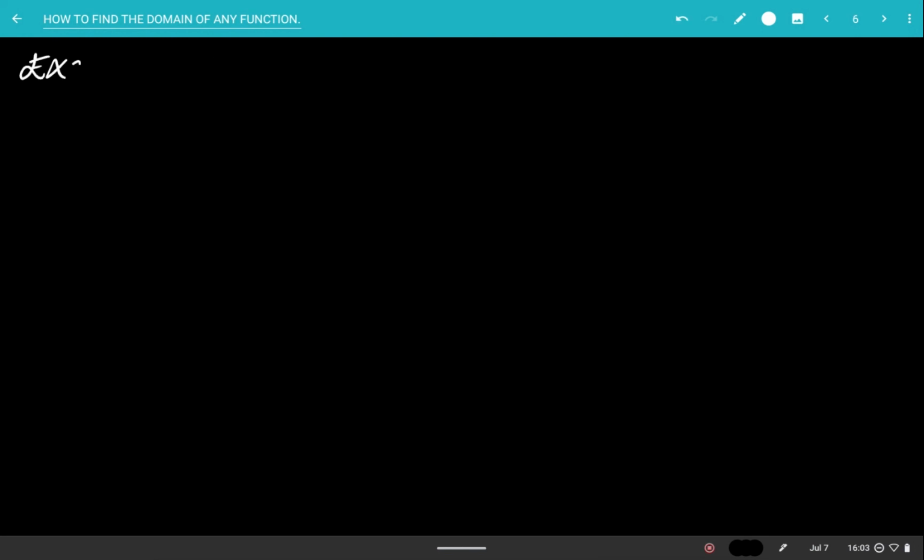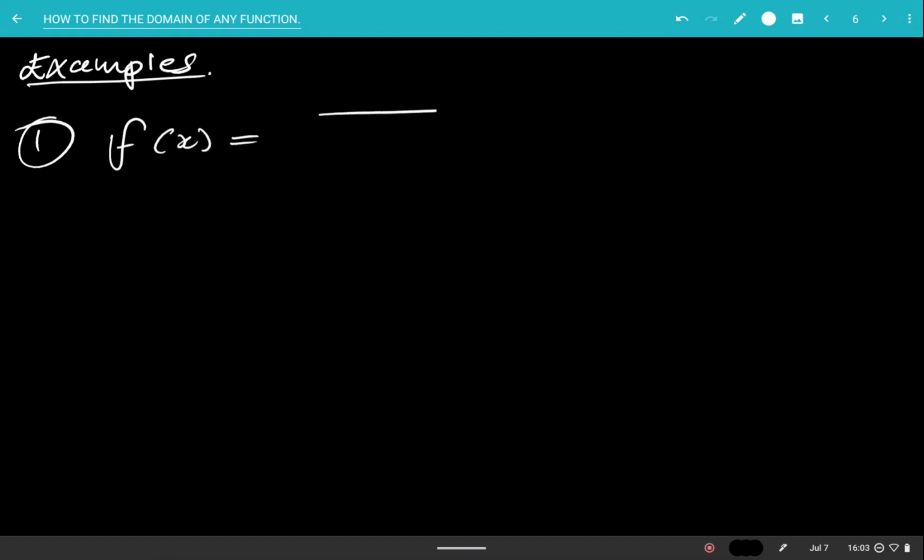So let's imagine that we've been told to find the domain of the following functions. We have f of x is equal to the square root of x plus 1. Now remember, we're trying to avoid having negative numbers here. So what is our domain?